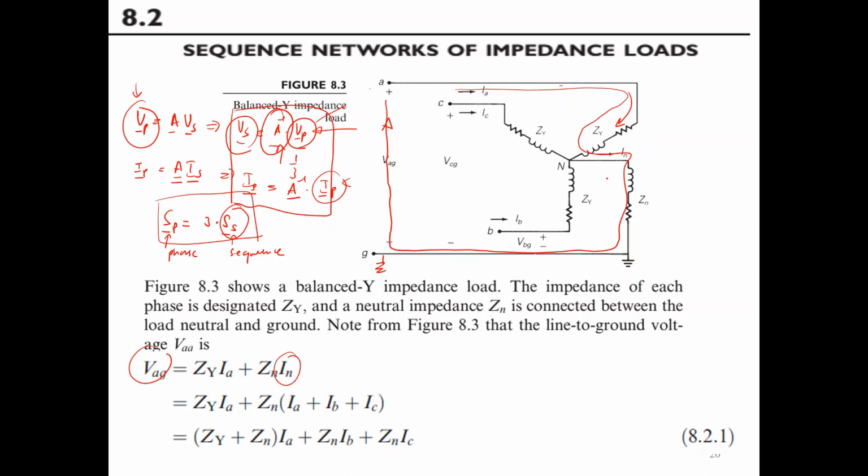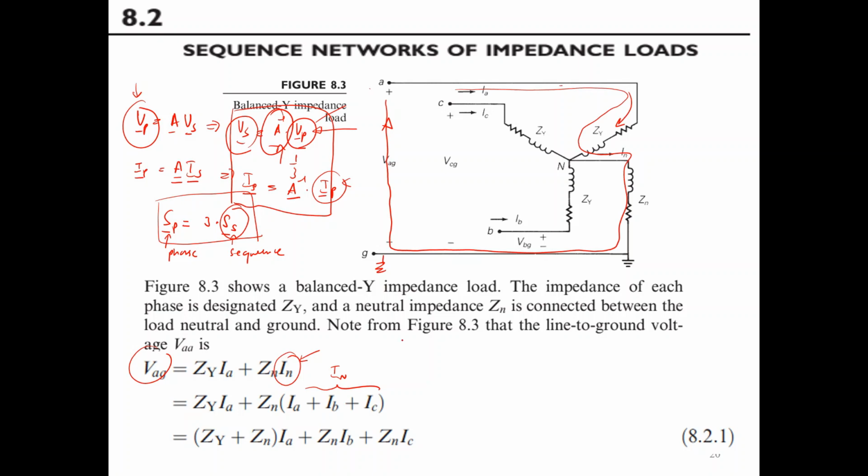The neutral is the path that the sum of the currents will flow into. If the set of loads is balanced, IA plus IB plus IC, or the neutral current, becomes zero. If it is balanced loaded, there is no current in the neutral path.